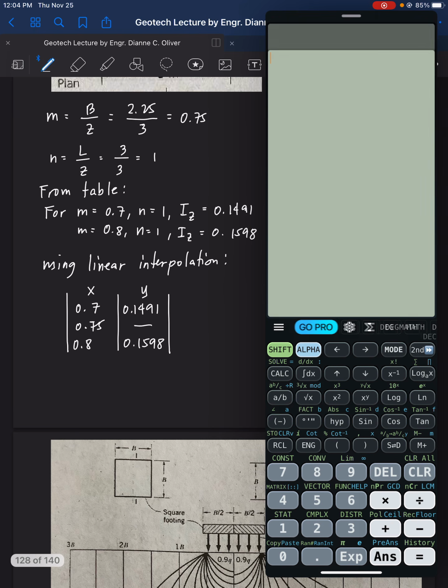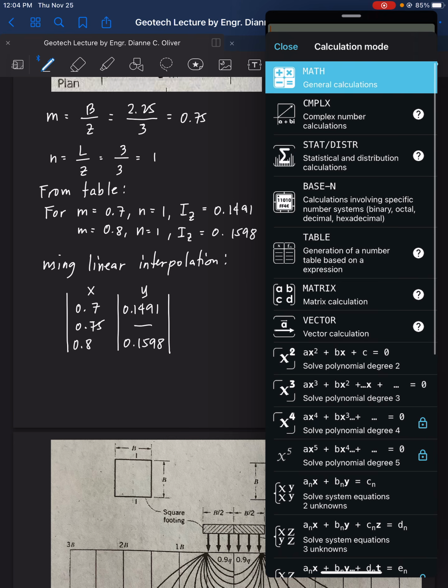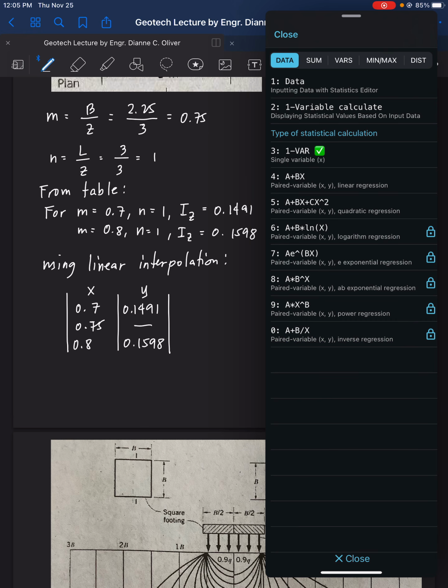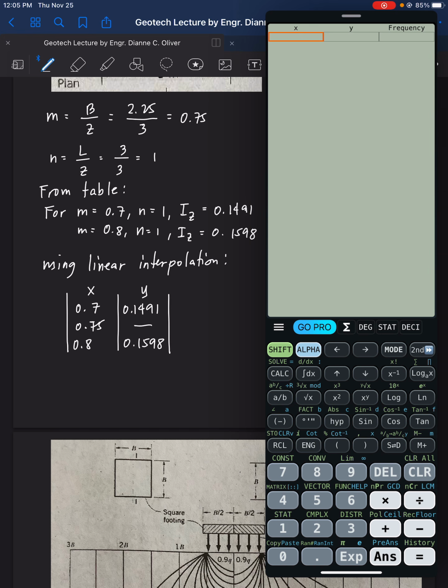I think we have it here in our calculator. Stat, we are using here A plus Bx. So we have the x values 0.7 equals, 0.8 equals, then go to y. We have there 0.1491 equals, 0.1598 equals.